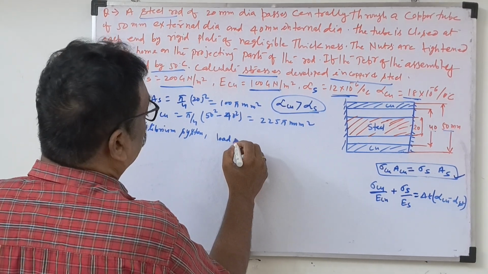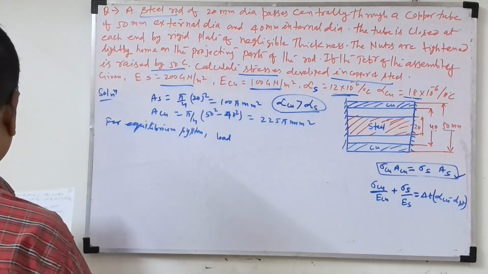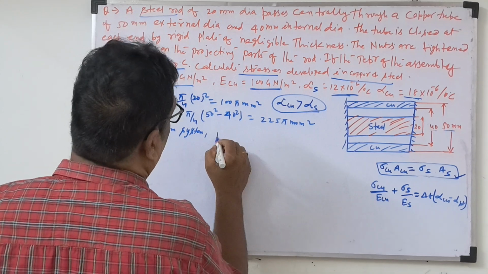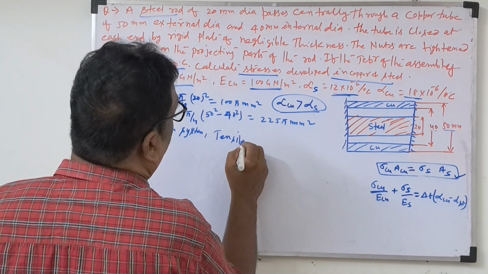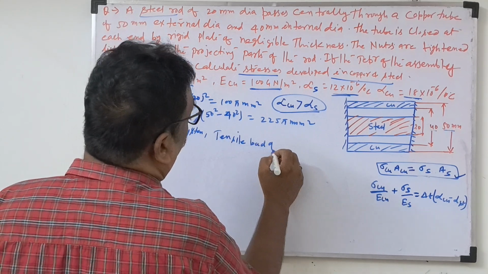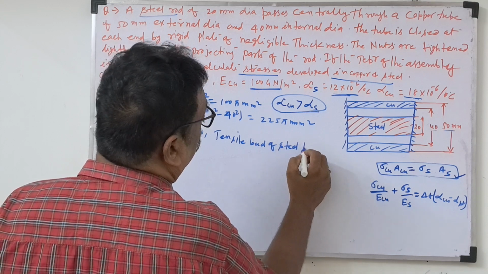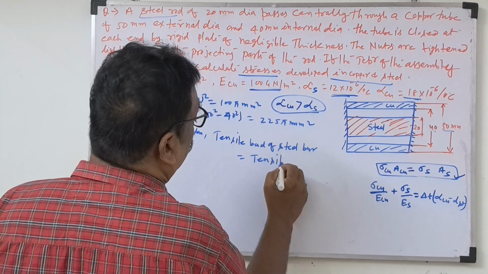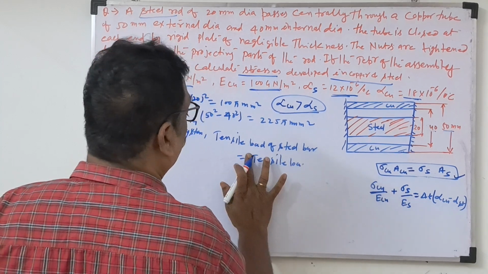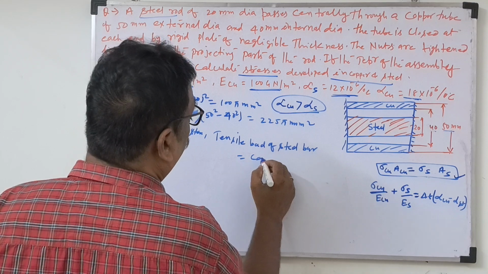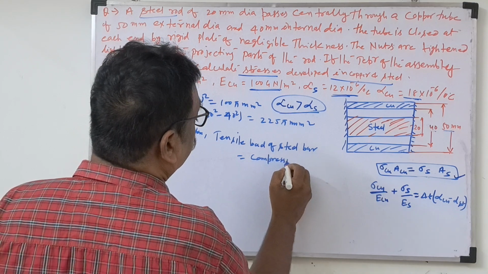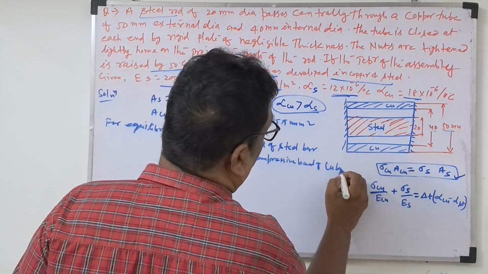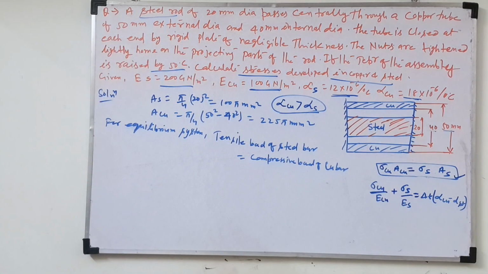So you can write it like this: the tensile load of the steel bar will be equal to the compressive load of the copper bar. This will be equal.